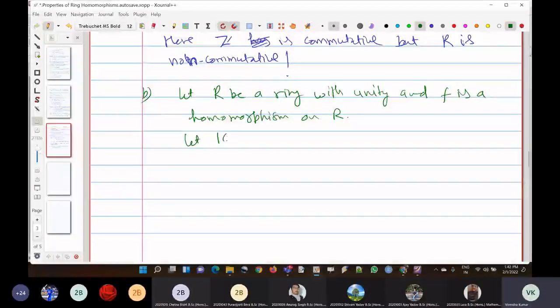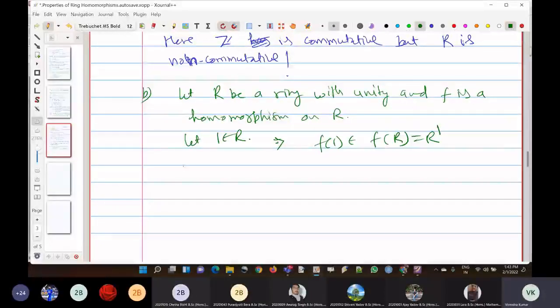Let us take 1 belongs to R. Because f is a homomorphism, f of 1 should be a member of f of R. Let us call it R dash, the homomorphic image.